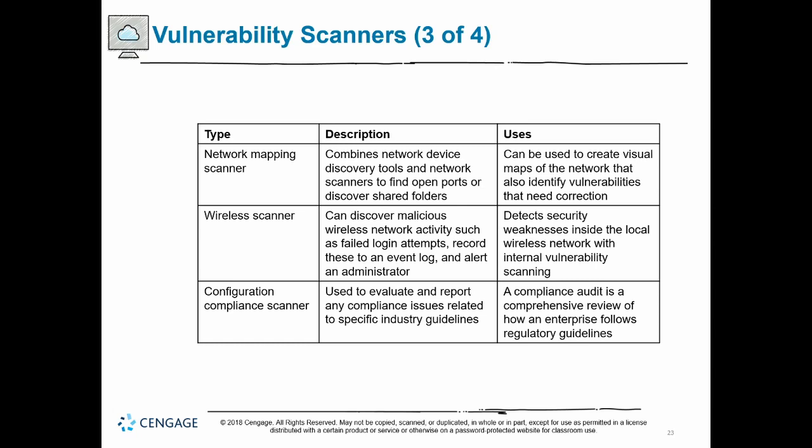So for scanners, the different security products, some can combine different scanning capabilities. For example, network and configuration compliance. One specific scanner can do all that. A wireless scanner can do all that, but depending on what you buy, I guess it can only do the security tool.